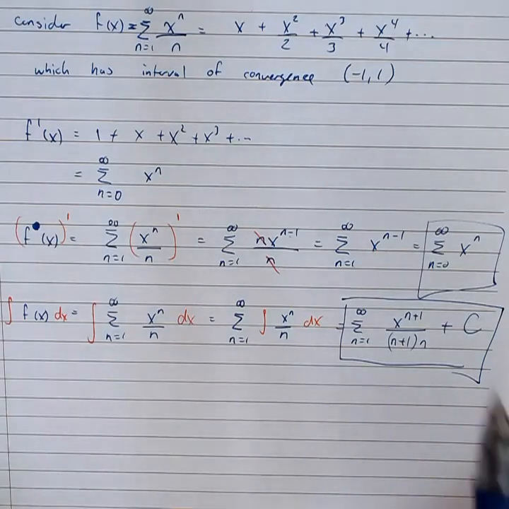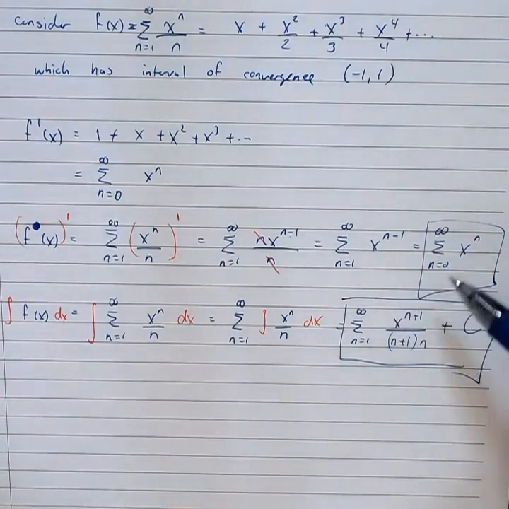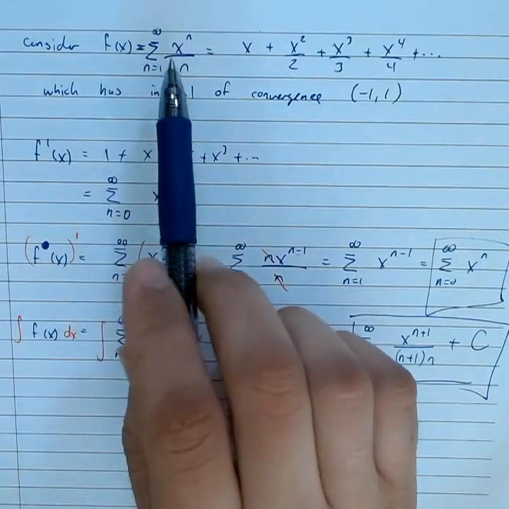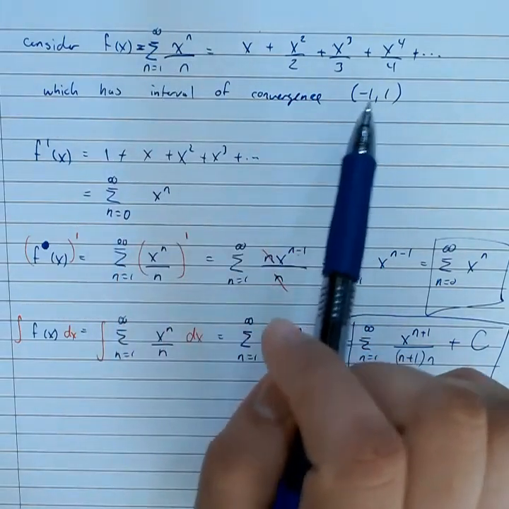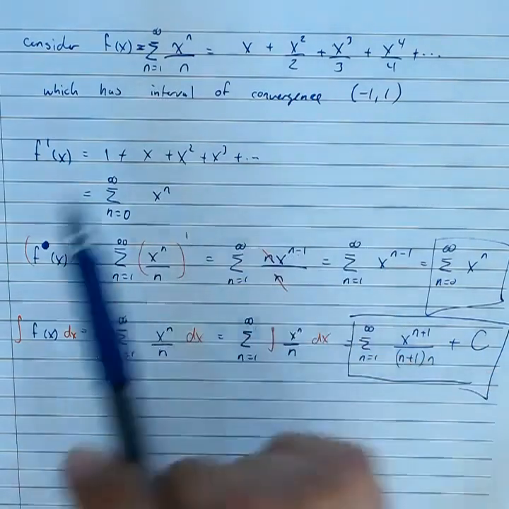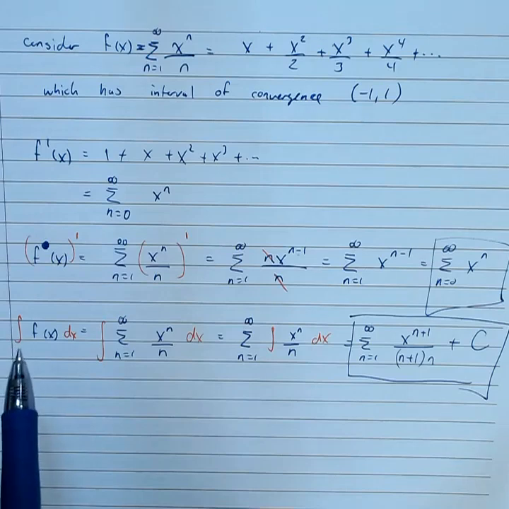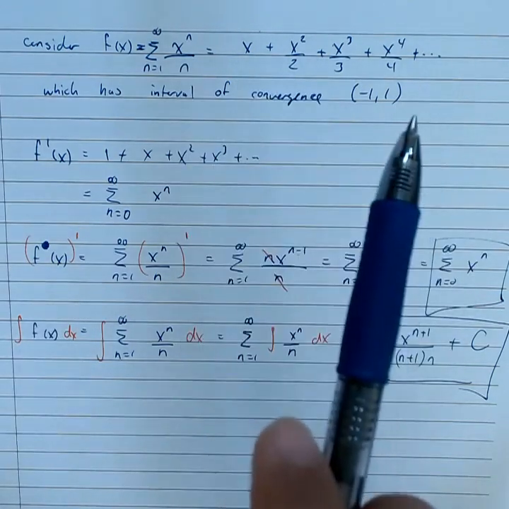In the coming sections, we're going to see something like this expanded to a much more useful conclusion. For right now, it suffices to know, okay, if you have a function that's defined as a power series, as long as you are in the interval of convergence, you can take integrals term by term, and you can take derivatives term by term, just the way you normally would for a polynomial function. Right?